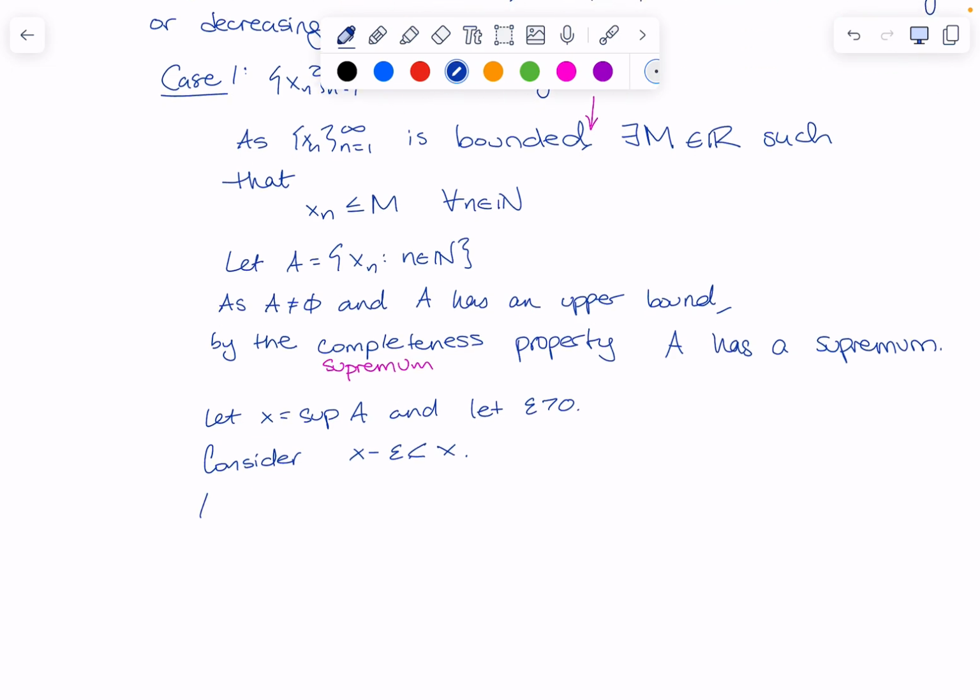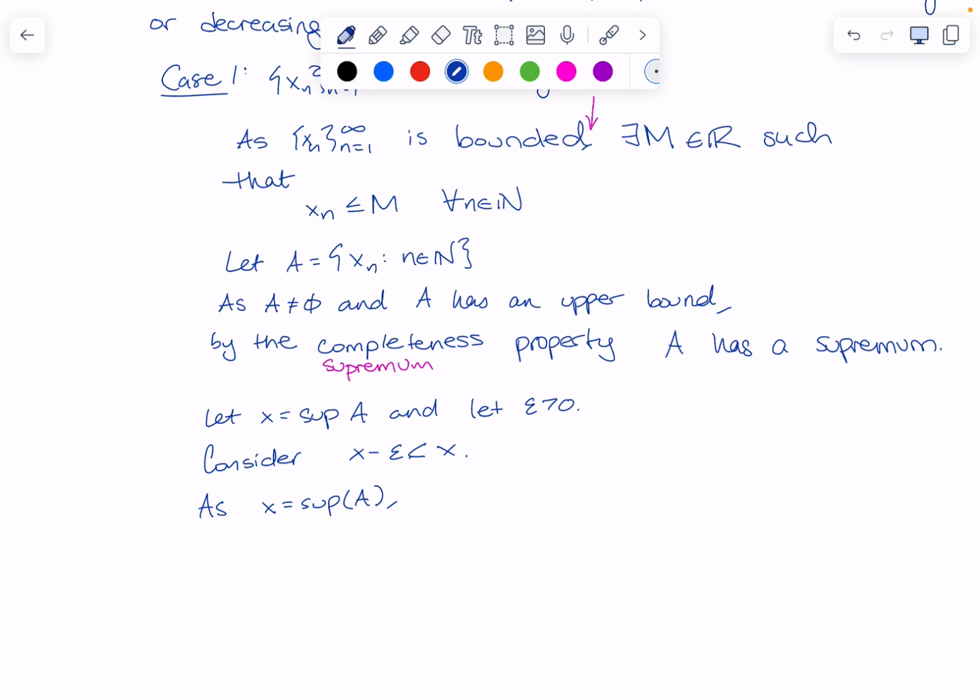Okay, so as x is the supremum of A, and x minus epsilon is less than x, what do we know? Let's look at the equivalent statements to having a supremum. Is x minus epsilon in A?